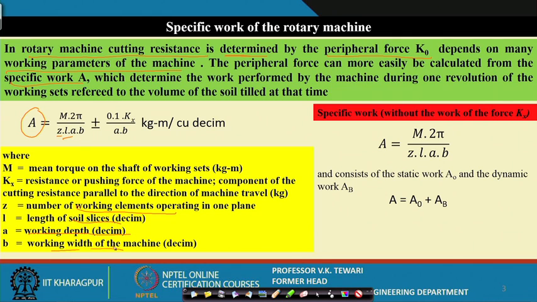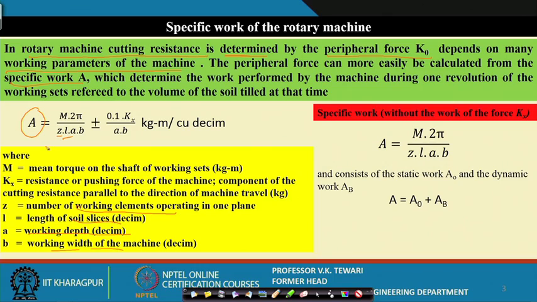Mind you, one must be very cautious about the units which have been used here, because if you change the units, or do not use these units, then the parameters will have a different value. So, you must be cautious while using these particular equations. This is the equation which gives you the value of specific work in this fashion.